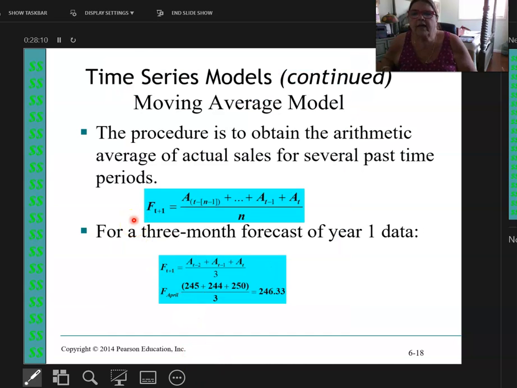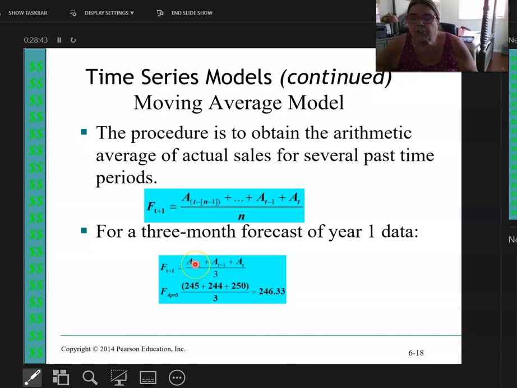If I want to know what actual sales are for next month, I'm going to take the actual for the last month plus the actual for the current month, and so on, divided by n. If you remember, n is the number of periods. I want to do a 3-month forecast with the data I showed you. So I'm actually forecasting for April.